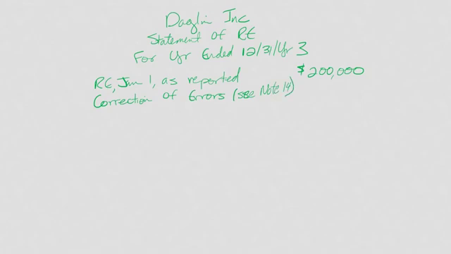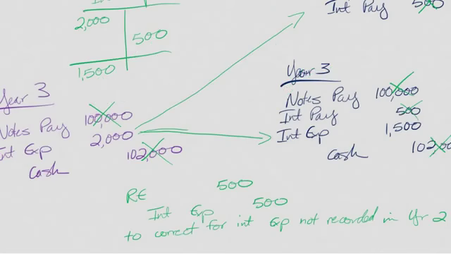So what would be my correction of errors? Well, the way we figure this out is we go back to our journal entries if the books are open, and we look for the debits and credits to retained earnings. If the year 3 books are still open, we debited retained earnings for $500 in order to correct the interest expense.